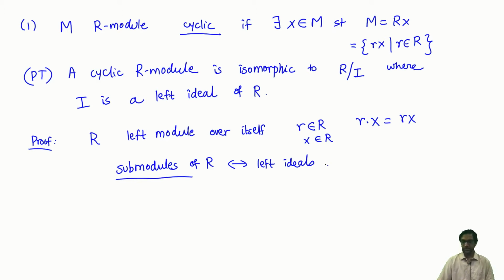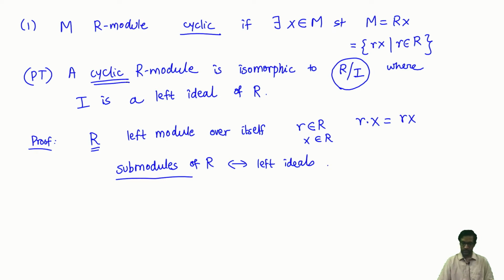So you have a module R, you have a submodule which is a left ideal, and you can therefore take their quotient. What's being asked is to prove that if I take every possible left ideal of R and consider the quotient R mod I, this collection exhausts the possible cyclic R modules up to isomorphism. Every cyclic R module is isomorphic to a module of the form R mod I.